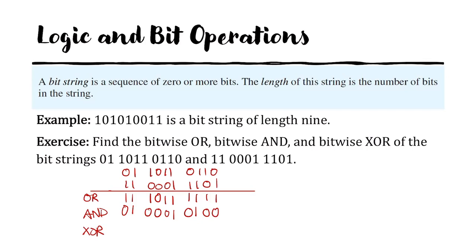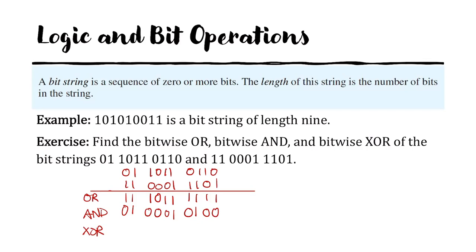Okay, now for the XOR, it will be 0 if the bits are the same. Now, if the bits are different, then the result bit will be 1.